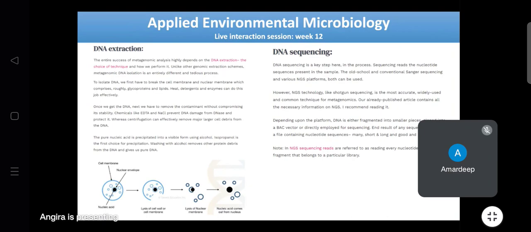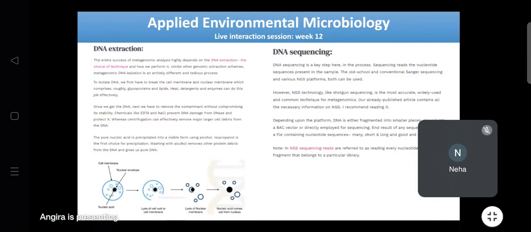No, the first step is breaking of the cell wall, right? Or cell membrane, depending upon the kind of organism you are getting. So basically, we add agents that lyse the cell.